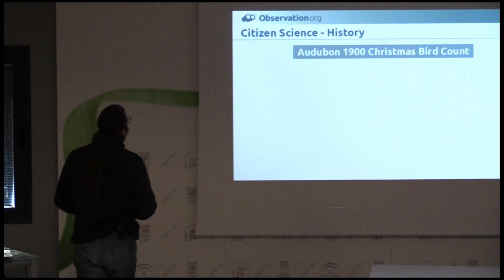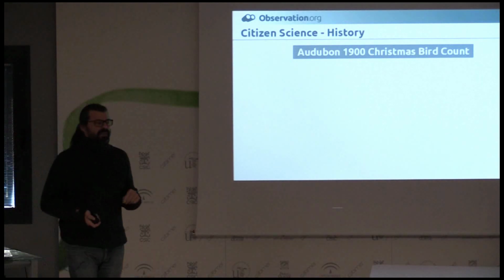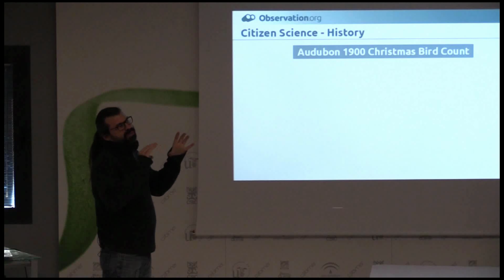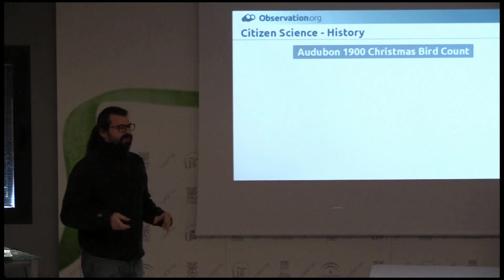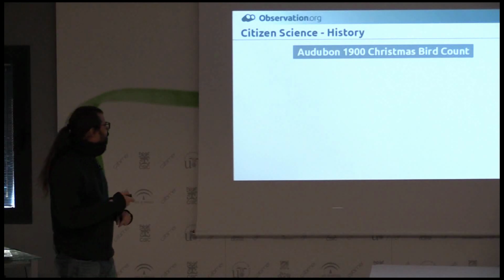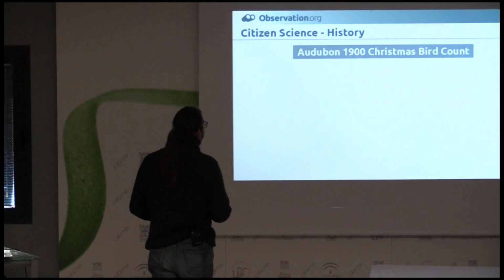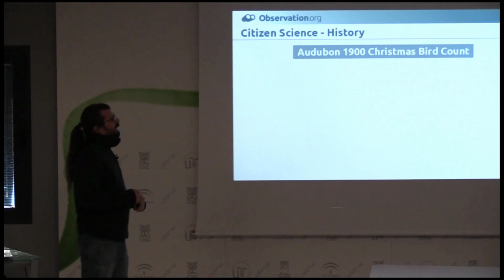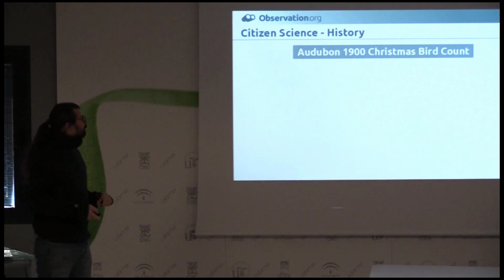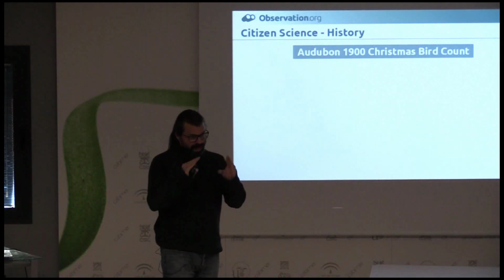For example, if we want to put a point in time for the first big event of modern citizen science, we can talk about the Audubon 1900 Christmas Bird Count. That was the first attempt to create a network of observers in the field, coordinated and focusing on one aspect.